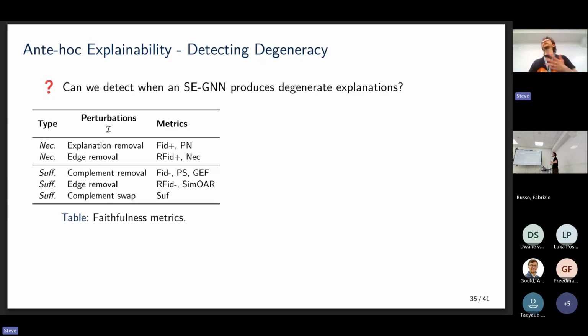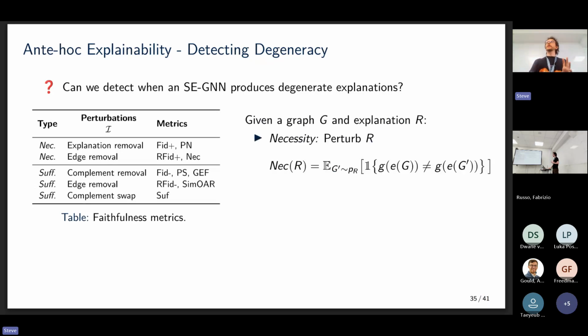They work pretty much similarly to what you have for image explanation: you keep the explanation fixed and you start to perturb the rest. There are two main families, necessity metrics and sufficiency metrics. I'm going to very briefly tell you how they work so that you can build some intuition. Let us define a graph G and an explanation R. A necessity metric aims to perturb the explanation.